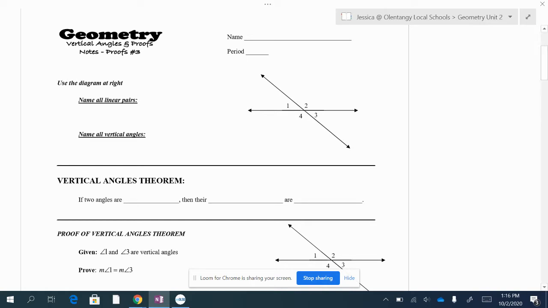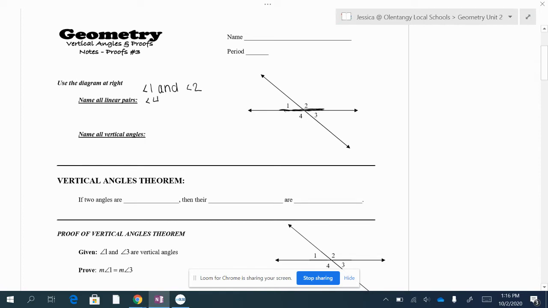So remember that linear pairs are two angles that form a line. So here, two angles that form a line. Okay, if I look at that line right there, I have angle 1 and angle 2.